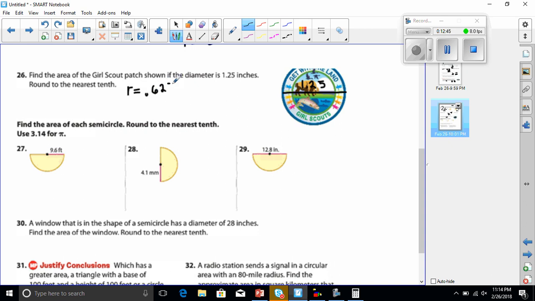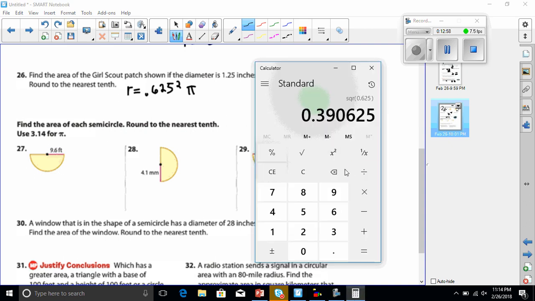0.625. Remember, we have to square this and then multiply it by pi. So let's see, right off the bat, I'm going to square it, and then I'm going to multiply it by 3.14, which gives us 1.22.